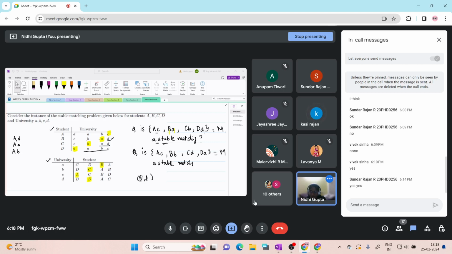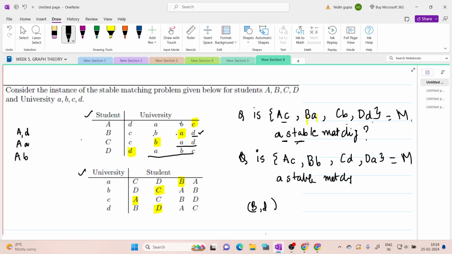Yes, ma'am. Okay, why is AA a blocking pair? A prefers D, ma'am. No, see, A is assigned C. If he is assigned university A, it will be better.